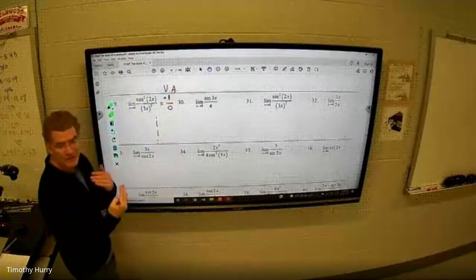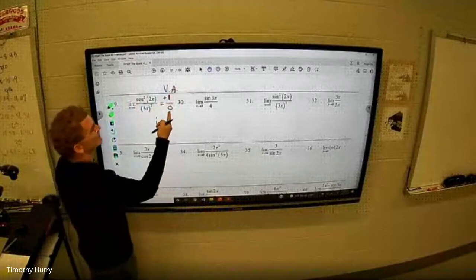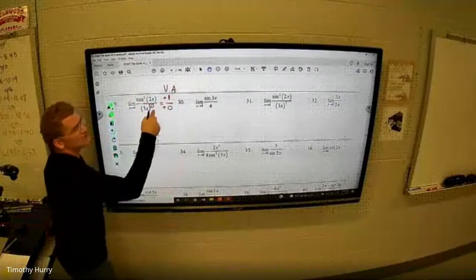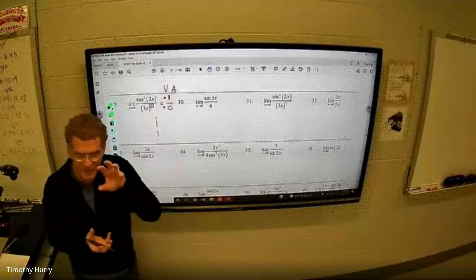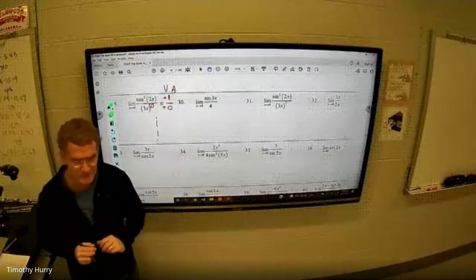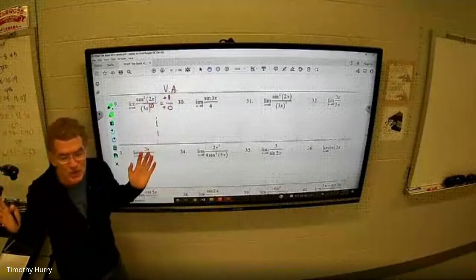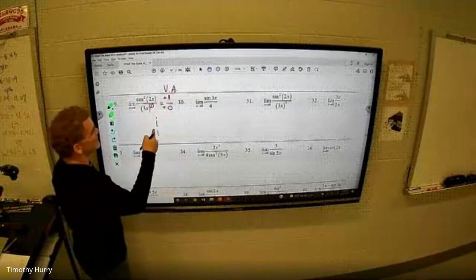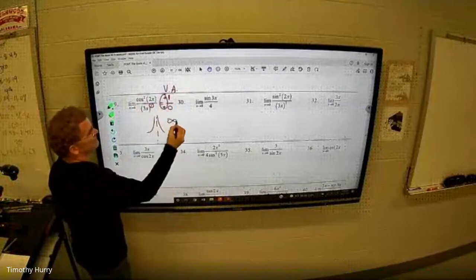It'll be really, really close. On the bottom, it's going to be really close to 0, but it's going to be positive because of the square. And what happens when I have a constant divided by a very tiny number? It's a huge number. So you know it's going to infinity. You already kind of knew that. But in this case, you know, wait a minute, the signs are both positive. It must be doing this.